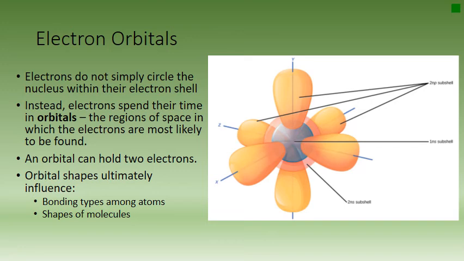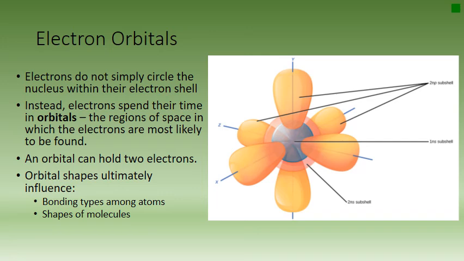Now, talking about the shells is a rather simplistic view of how the electrons are arranged, and we really do need one additional detail, and that is that within these shells are electron orbitals. The electrons don't simply encircle the nucleus with their shell. They spend their time in orbitals.